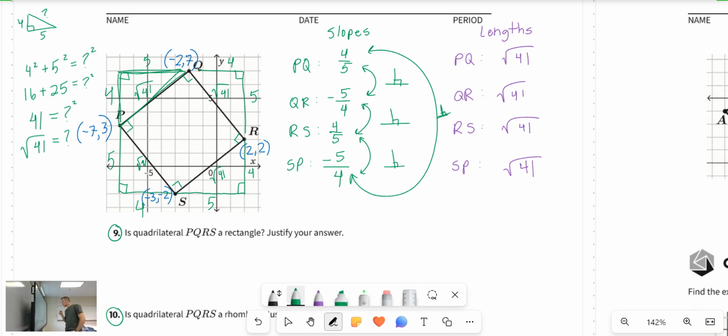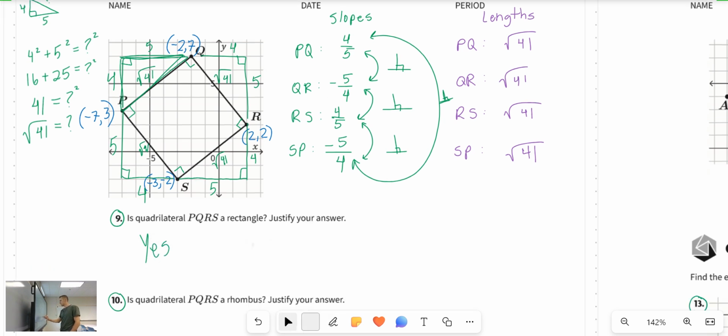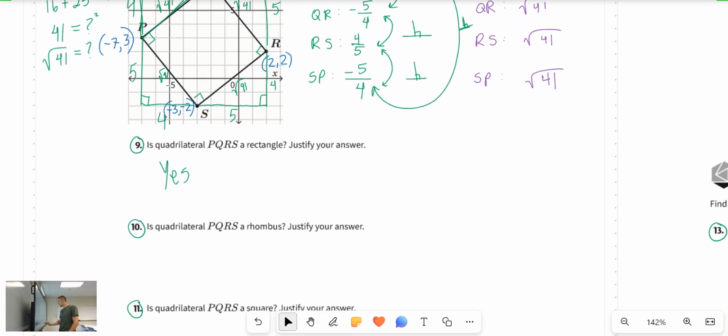So is quadrilateral PQRS a rectangle? Yes. It is a rectangle, because it has 4 right angles, which is really all we need. 4 right angles make something a rectangle, but we'll keep going.